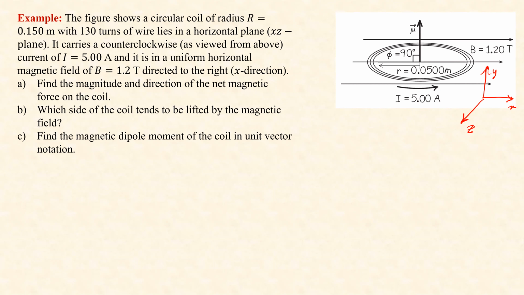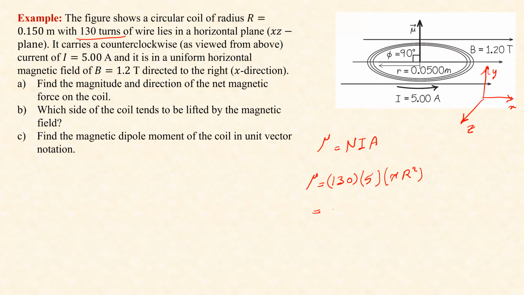So we know that the direction is Y, or J hat, and the magnitude mu is N I A: number of turns times current in each turn times the area. So therefore mu is 130 turns, see, it says 130 turns, I is 5 amps, and then area is pi r squared.